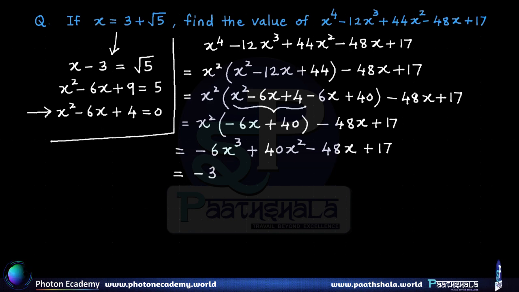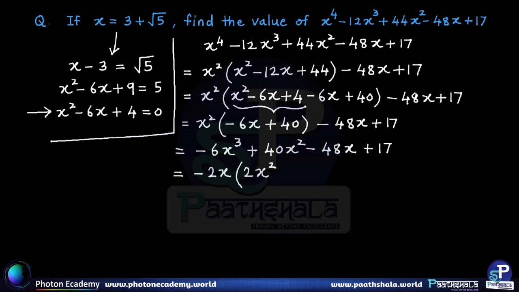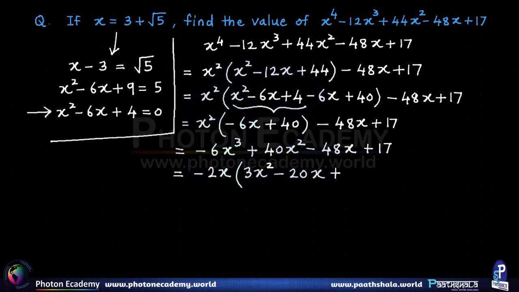So if we take minus 3 and x as common, then here we are left with 2x square, and here we can take the factor of 2 as common, so it's not 3 but it is the factor of 2. So just making that correction, it's 2x. Here therefore there will be a correction in the coefficient of x square also, which is 3x square minus 20x plus 24, and plus 70.